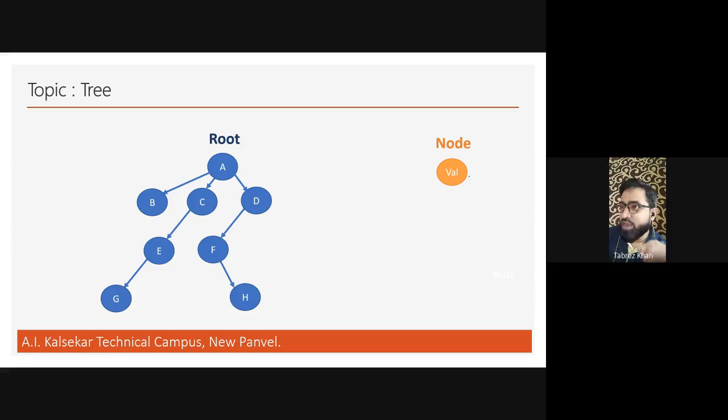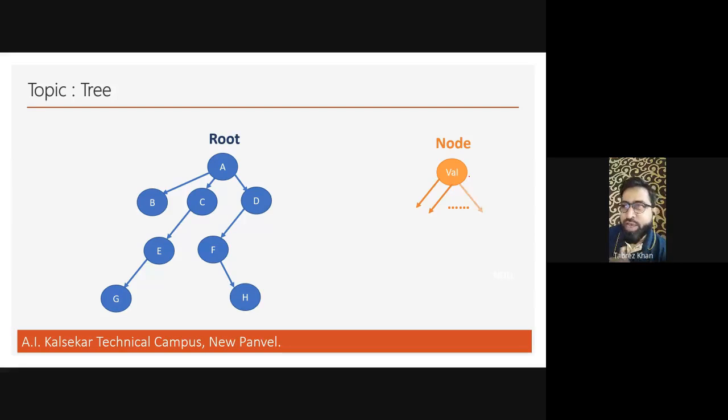And then after that, we have different edges which are coming out of a node and getting connected to its child. Every edge is going to get connected to the child of a node. One edge is coming out and it is getting connected to one child, another edge is coming out, it is getting connected to another child, and so on.